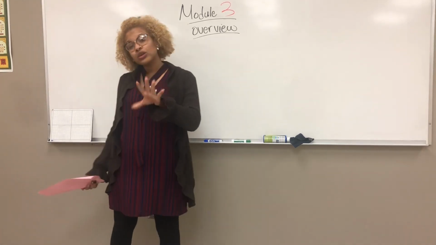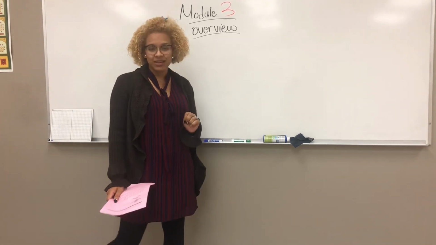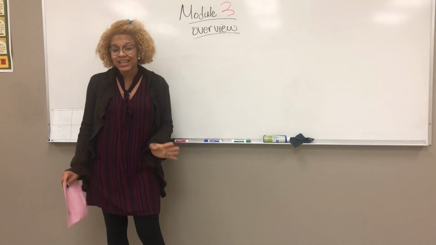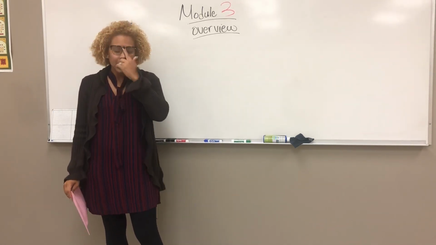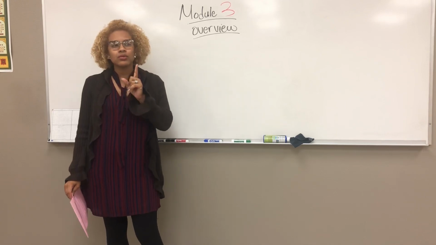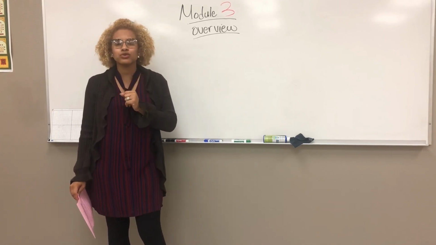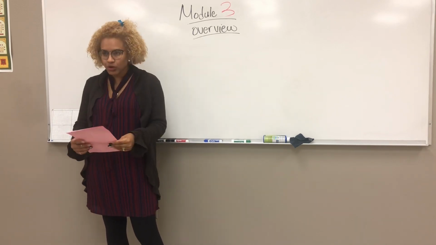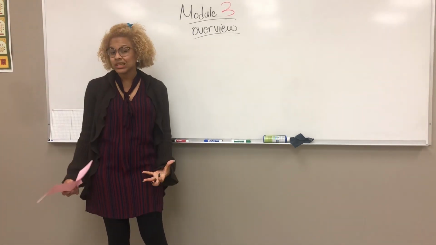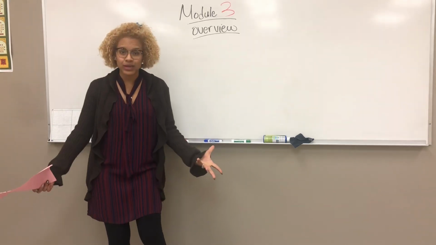So module 3 covers chapter 5 and 6, all the 10 sections of chapter 5. It's a lot, I know. And then just section 6.1 and 6.2 of chapter 6, okay? Very small. So big concept, we are learning factoring.